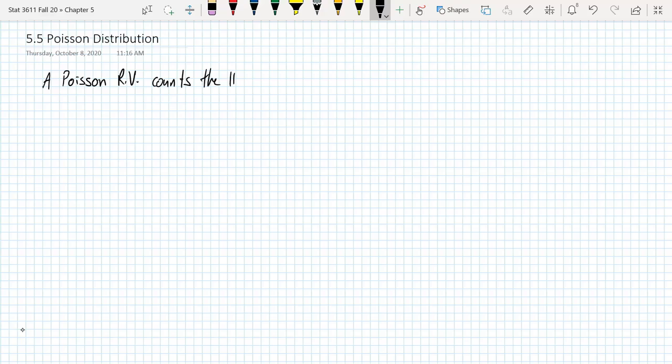It counts the number of events occurring in a fixed interval of time or space.